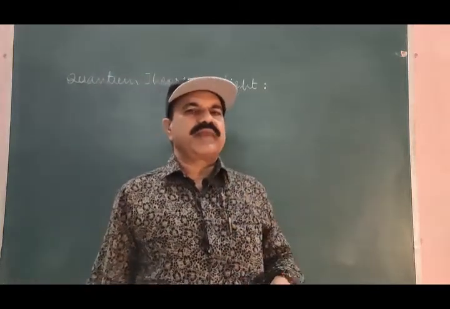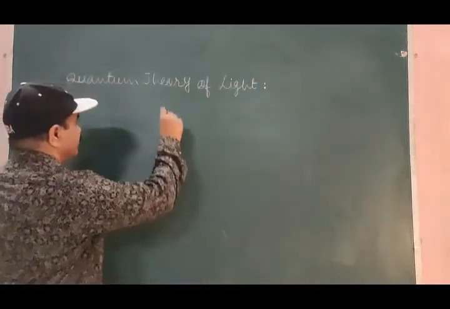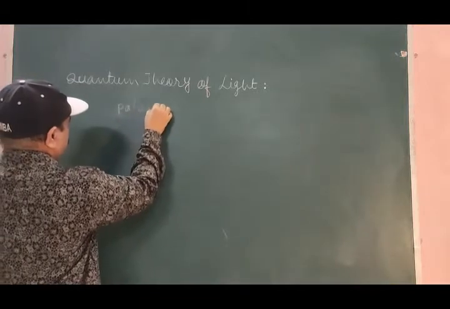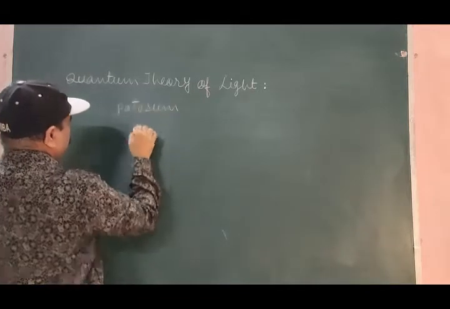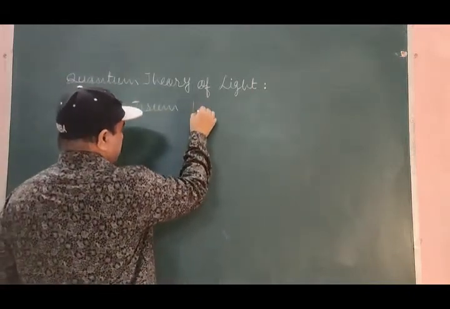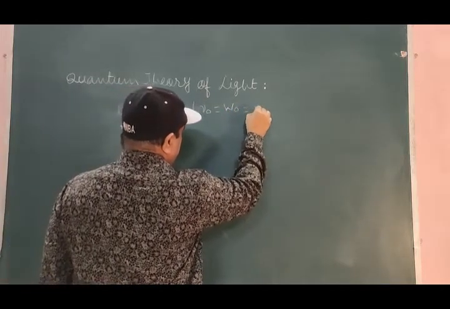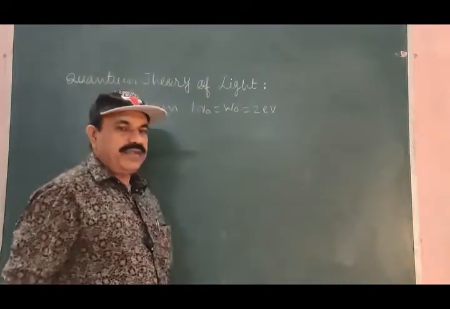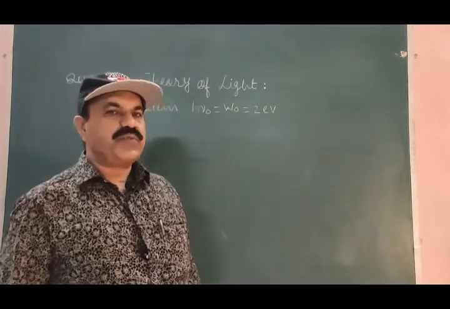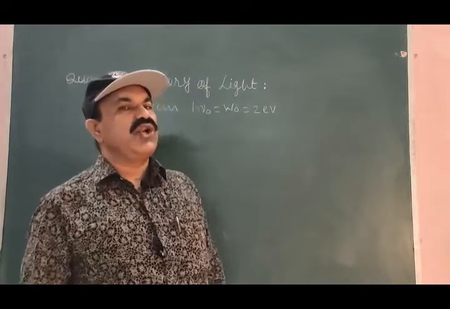You are given potassium metal and the work function of this potassium metal surface is given as 2 electron volt.